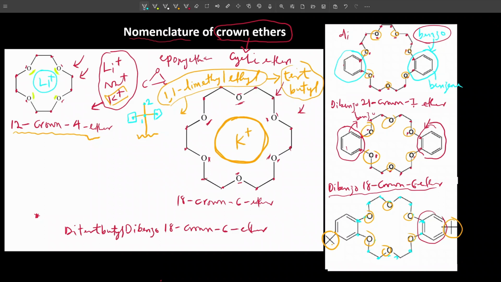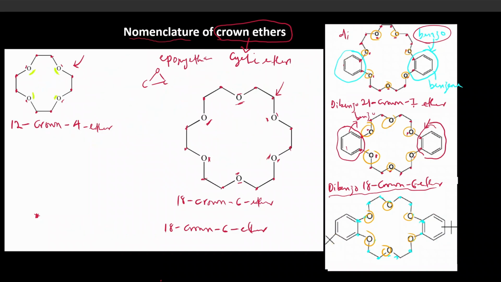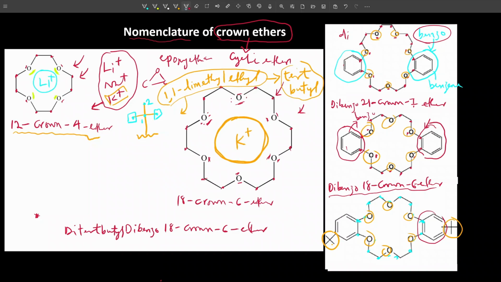So crown ethers contain ions. If you look at this now, don't forget that on each oxygen we have two lone pairs of electrons, which will give it a partially negative charge. And potassium has a positive charge, so there'll be attraction between each oxygen atom and the potassium ion.